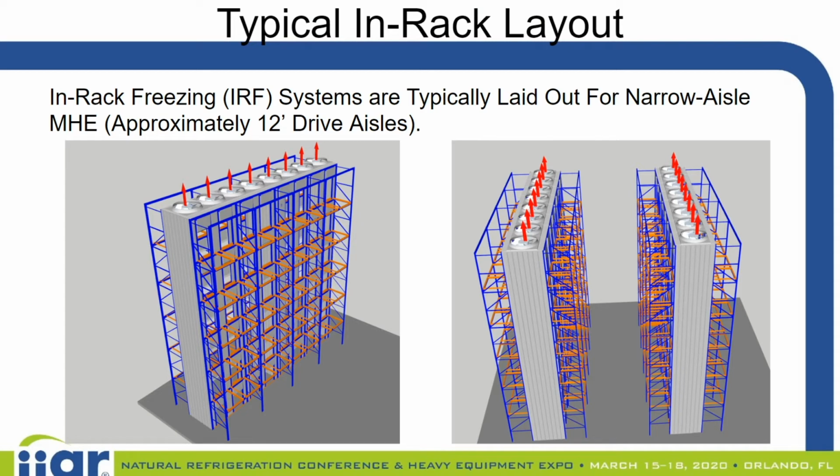Now we're going to look at combining the placement and airflow between the in-rack freezing system and our penthouse. When you look at an installation of some quick freeze in-rack freezing, they're typically installed where there's a narrow aisle or very narrow aisle, depending on the material handling equipment.